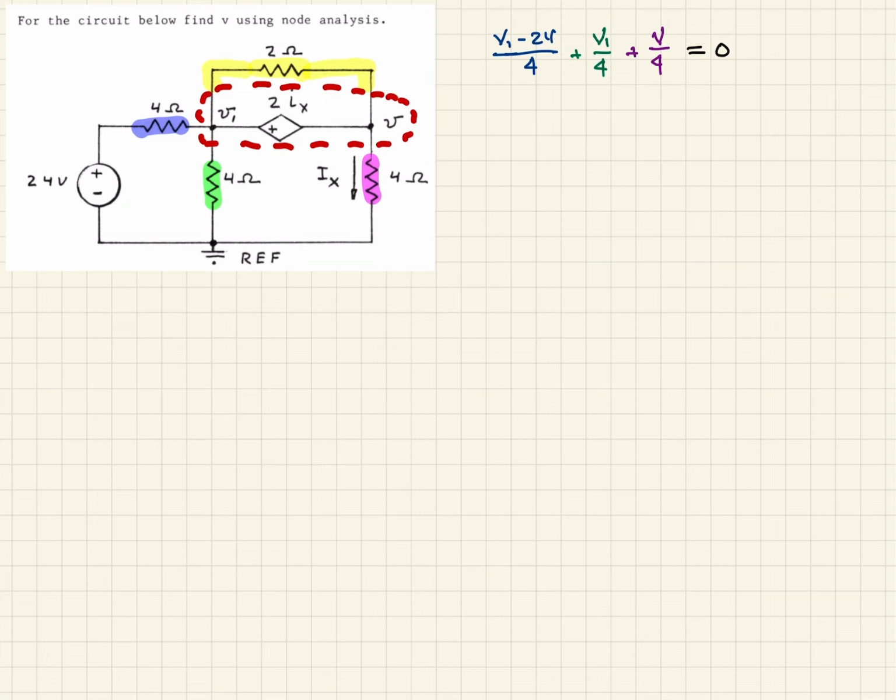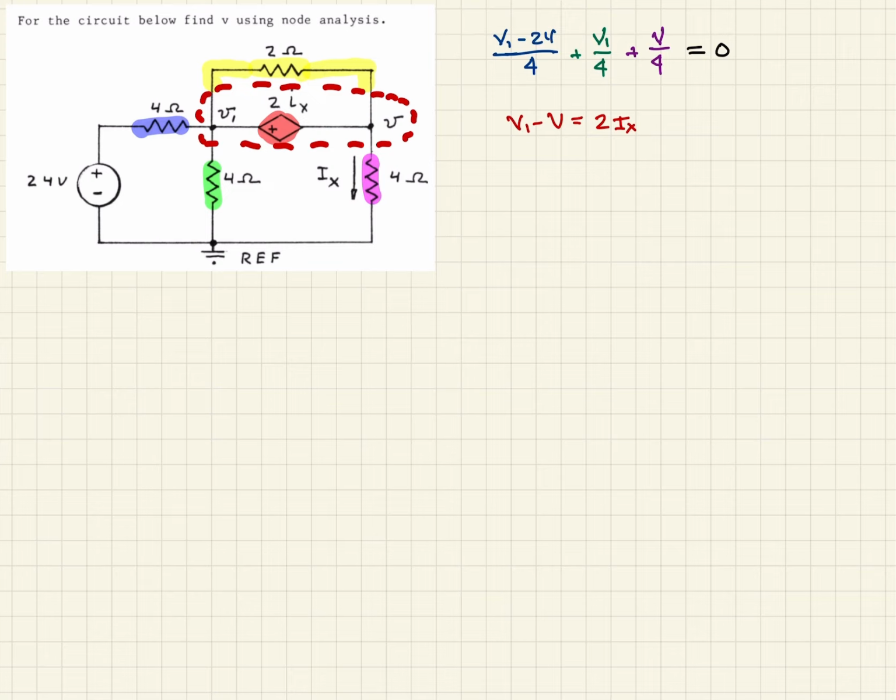So now we need to take a look at what's going on inside our supernode, and that involves this dependent voltage source right here. And so we can write then that the difference between our two nodes inside of our supernode, so that'll be V1 minus V, is going to be equal to the value of this dependent source, which is defined as 2IX.